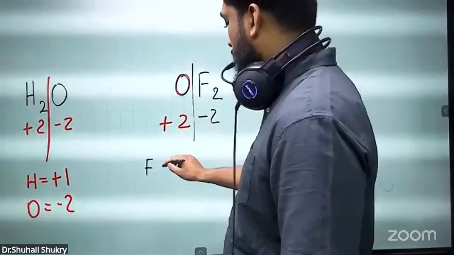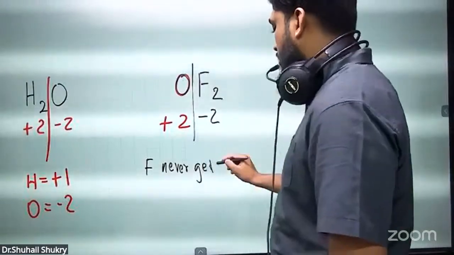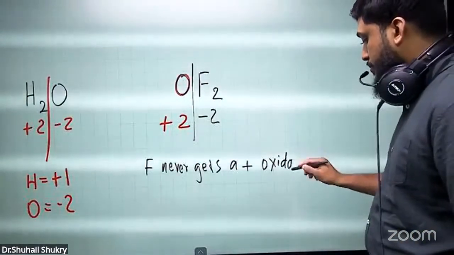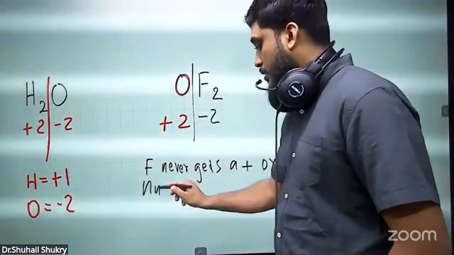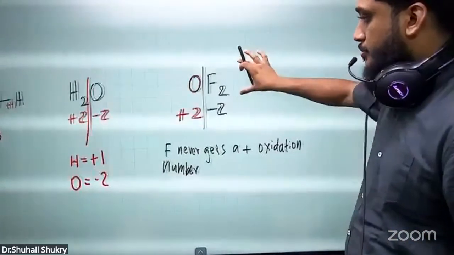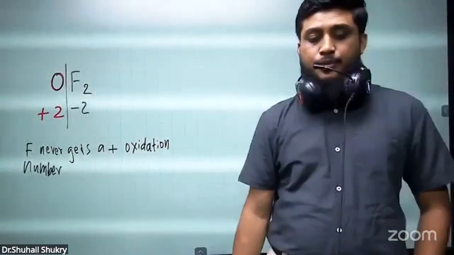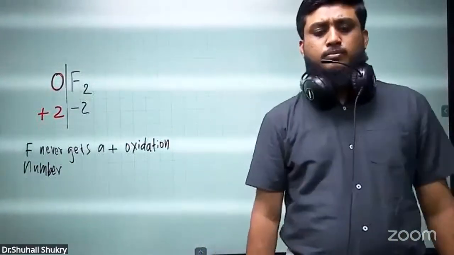Fluorine never gets a plus oxidation number, because fluorine is the most electronegative element. That's a very important point. So OF2 is okay.